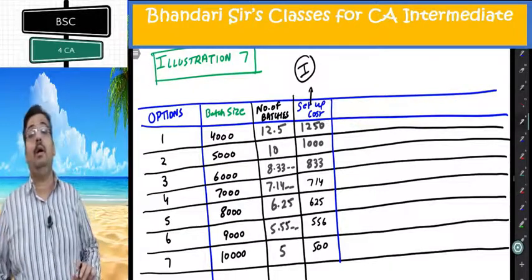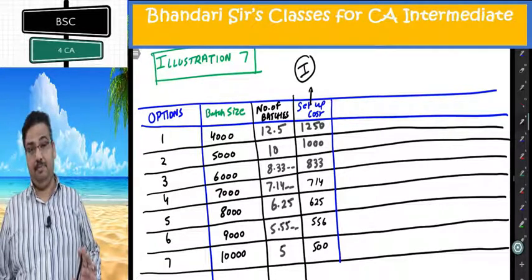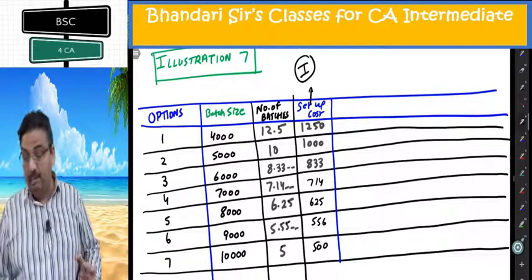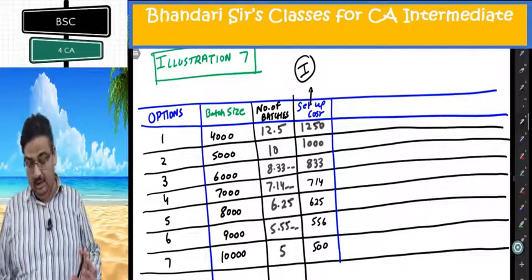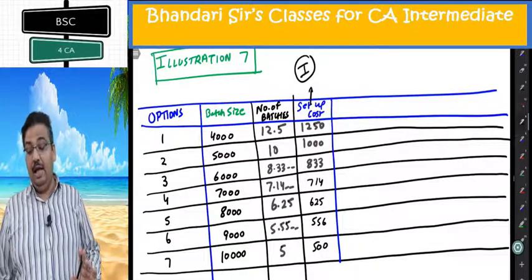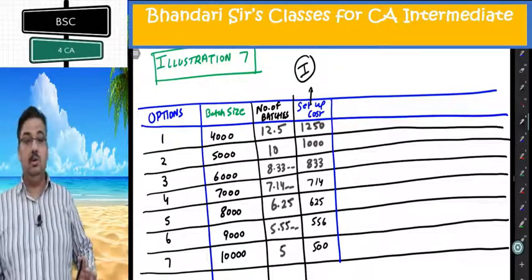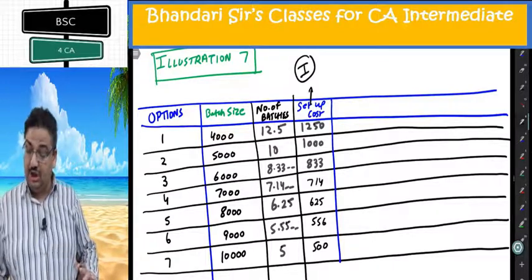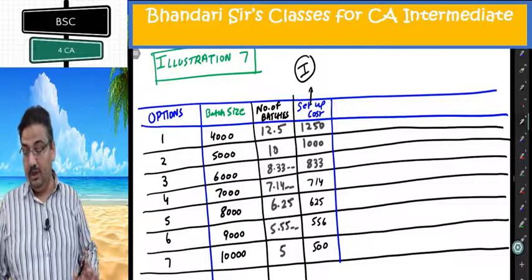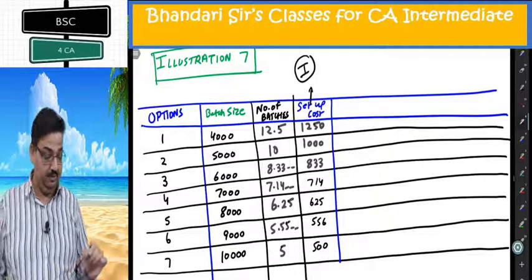How do I calculate carrying cost or holding cost? It is based on the average inventory concept. Quantity per batch divided by 2 gives me average inventory. With the help of average inventory, I need to calculate the per unit cost, or here it is per liter cost, sorry, because it is in liters.